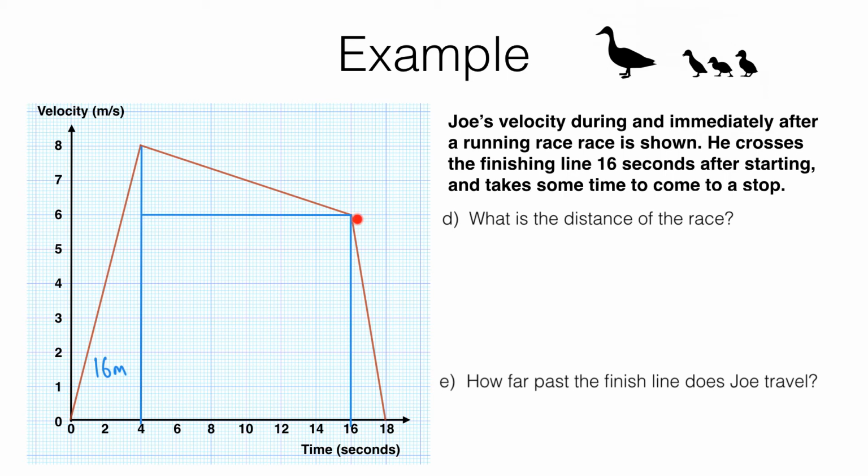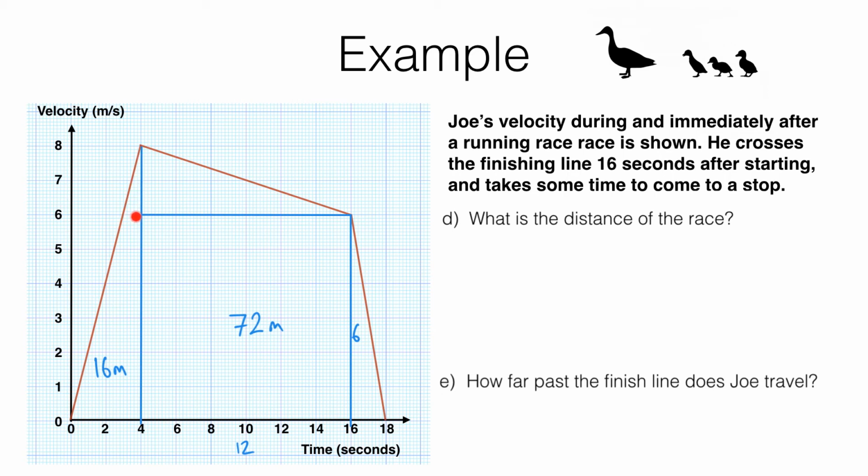I've got a rectangle here where the base is 12, so it goes from 4 to 16, so that's a base of 12 seconds, and a height of 6. That's 6 meters per second. Now, when you multiply 12 by 6, you end up getting 72. So that bit there represents a distance of 72 meters.